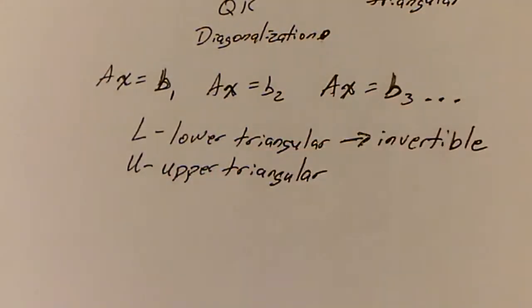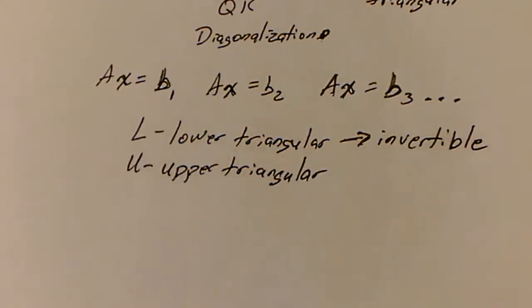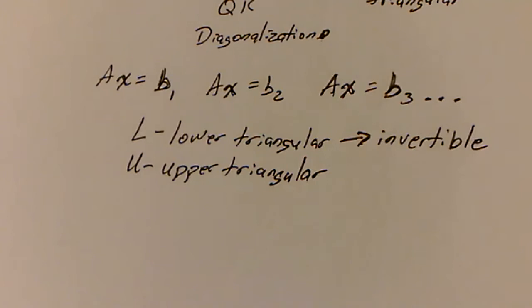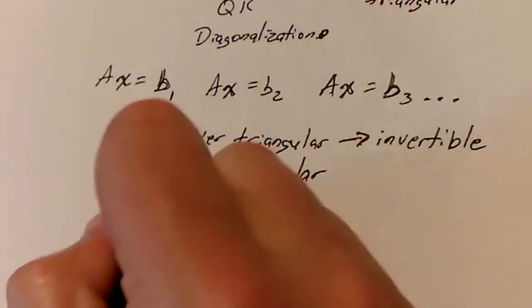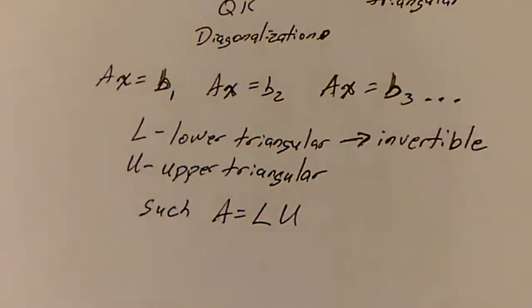Most of the time it very likely won't be. U may not even be square, since there's no reason to guarantee U is square if the matrix A isn't square. If A is square, then U will be square, but we're not guaranteed that it is invertible. We know the product of 2 invertible matrices is invertible. So we're looking for this L and U such that my matrix A is equal to L times U.